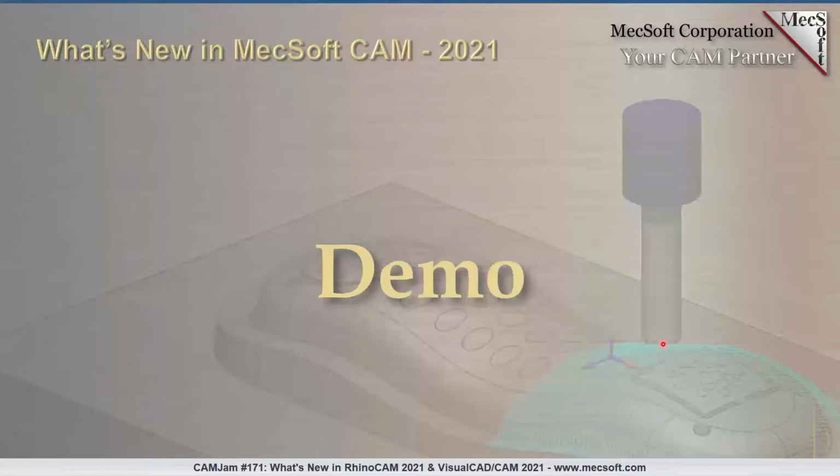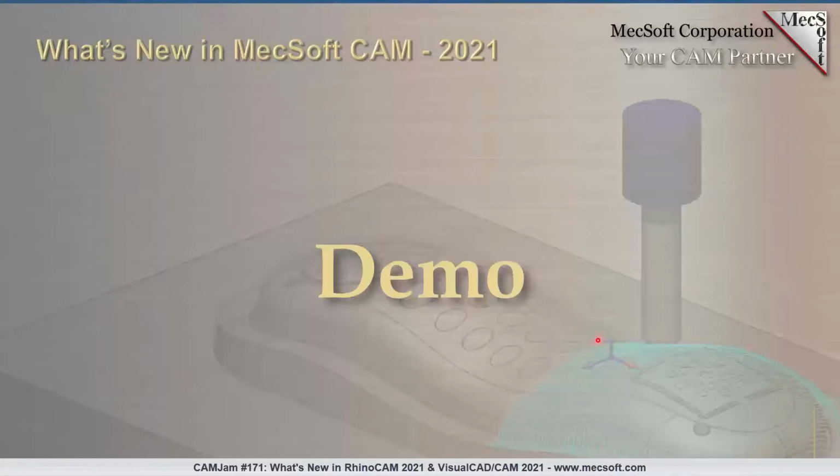Thank you, Joe. Hello, everyone, and thank you again for joining us for this month's webinar. As Joe mentioned earlier, this is an open webinar, and today we will be covering what's new in our MecSoft CAM 2021 products.